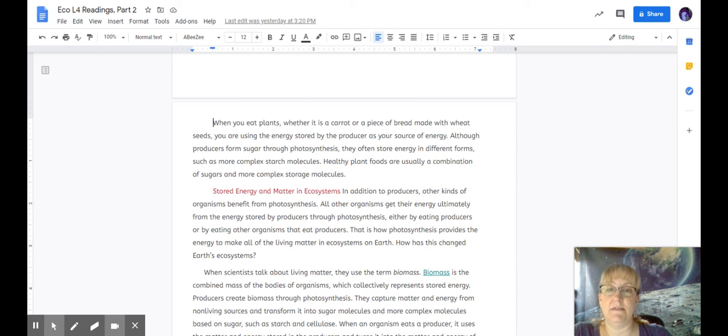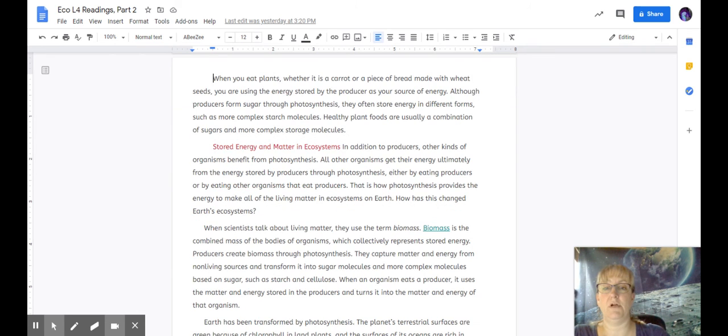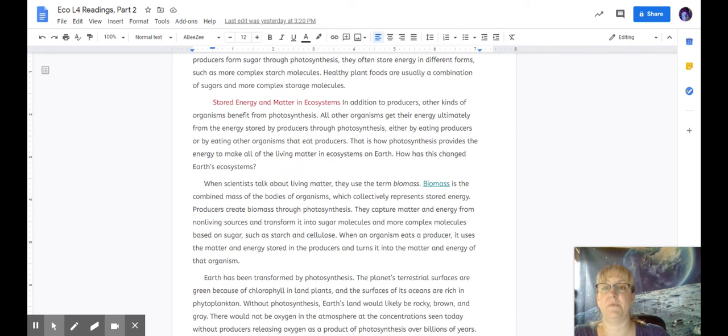When you eat plants, whether it is a carrot or a piece of bread made with wheat seeds, you are using the energy stored by the producer as your source of energy. Although producers form sugar through photosynthesis, they often store energy in different forms, such as more complex starch molecules. Healthy plant foods are usually a combination of sugar and more complex storage molecules.